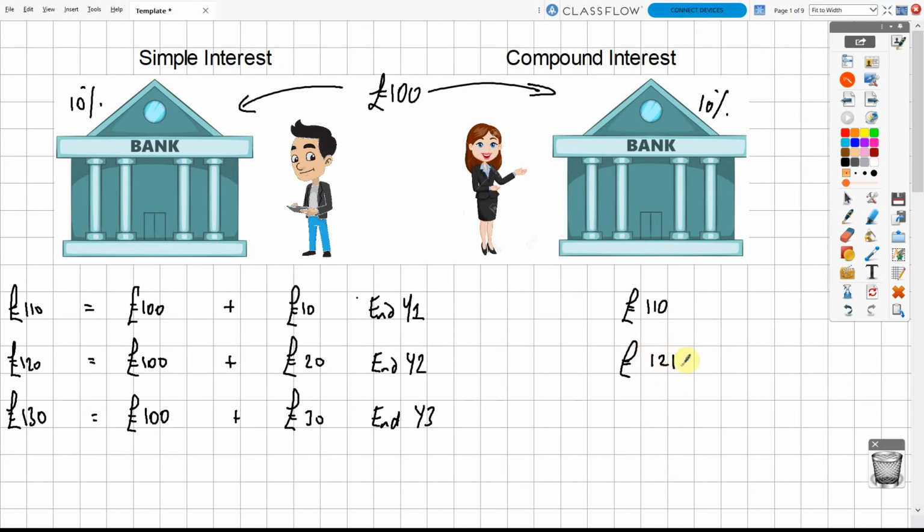Now 10% of that, it's a bit awkward, £12.10. She's now up to £133.10. And so you can see that she's doing a bit better. It might not seem like much, but actually over the years it'll really, really add up into a sizable difference.